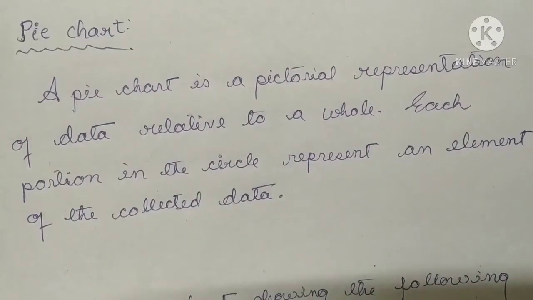A pie chart is a pictorial representation of data relative to a whole, where each portion in the circle represents an element of the collected data. So what have you understood from this definition?